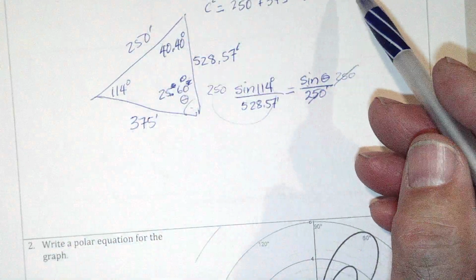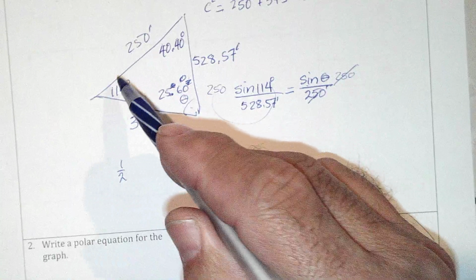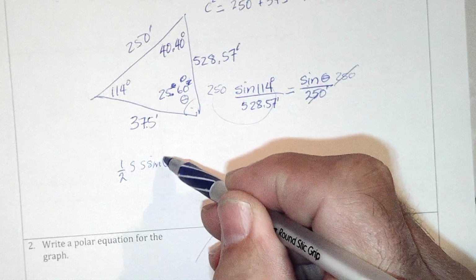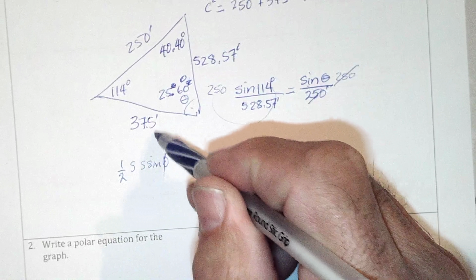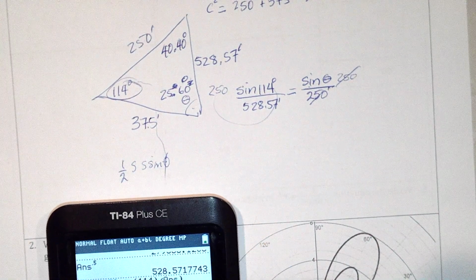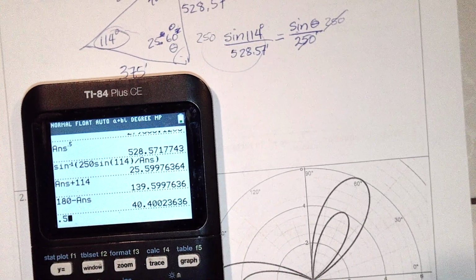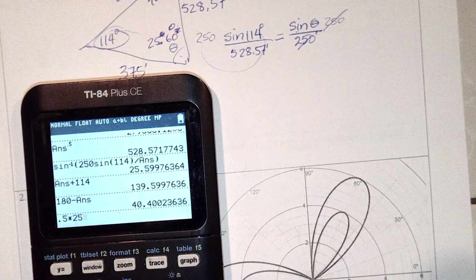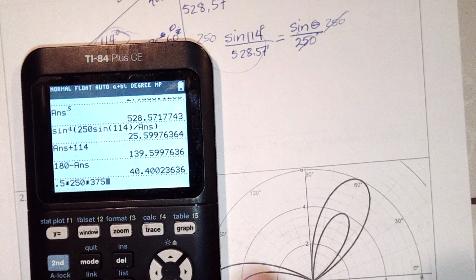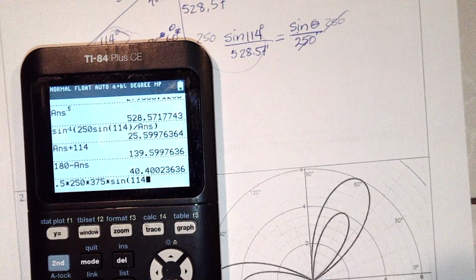Find the area of the parcel. Well, that's 1/2 side, side, sine of the angle between the sides. So that's the 114. So it's going to be 0.5 times 250 times 375 times the sine of 114.